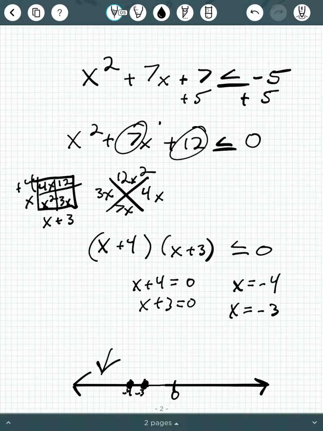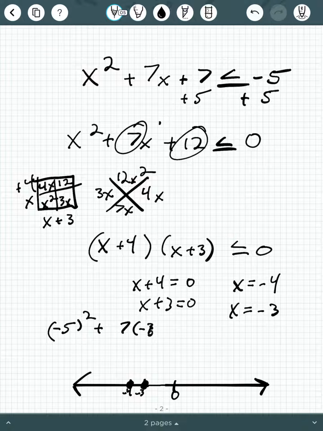So -4, well, let's go less than that first, so we're testing to the left of it. Doing that, well, that means -5 could be one we could use. So -5 squared plus 7 multiplied by -5 plus 12 is less than or equal to 0.